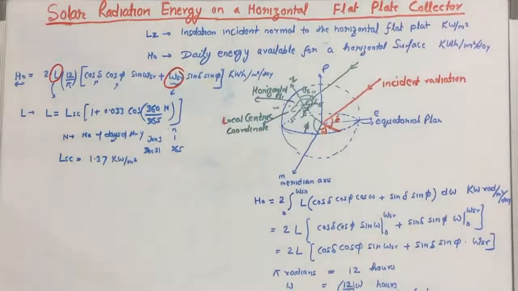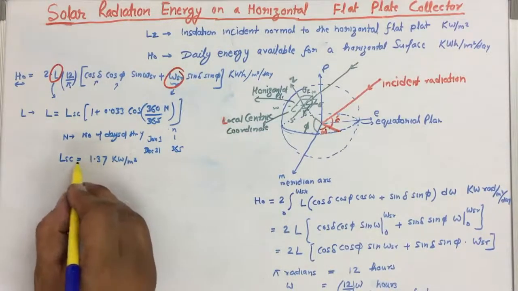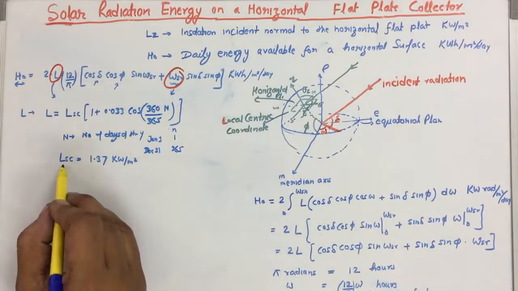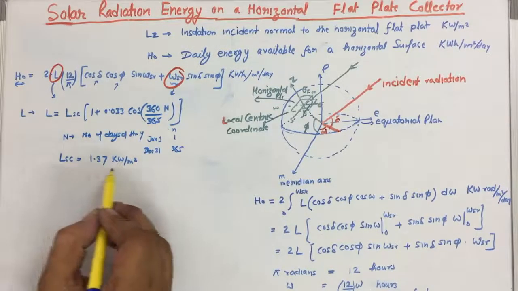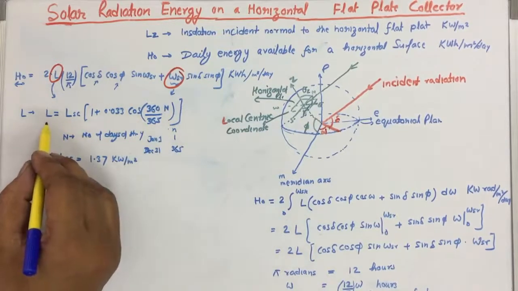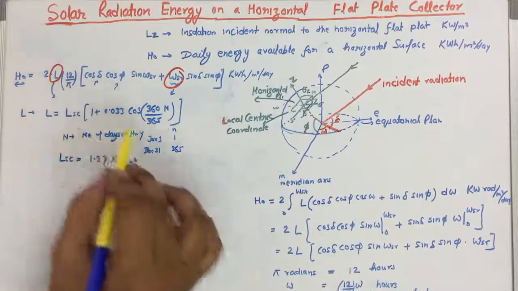I think you should verify this term, but as I remember this is 1.37. So once you know the solar constant and the number of the day you are talking about, then you can find the value of L, that is known to us now.